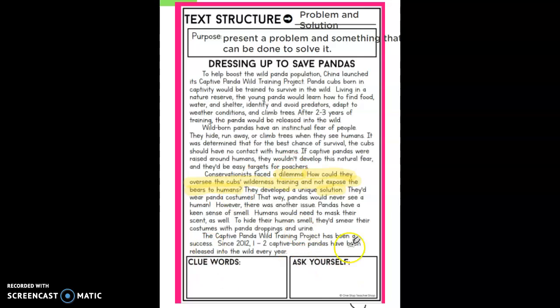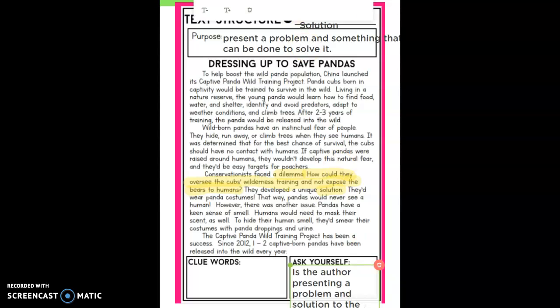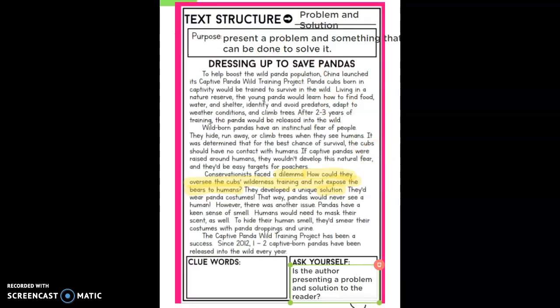When you're trying to determine if a passage is a problem and solution, this is what you can ask yourself. Type this along with me. Is the author presenting a problem and solution to the reader? Go ahead and pause the video to type that out.